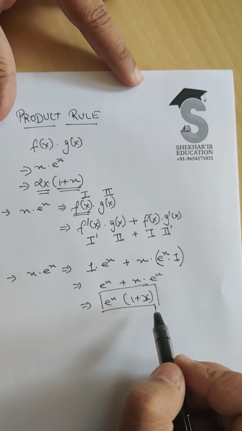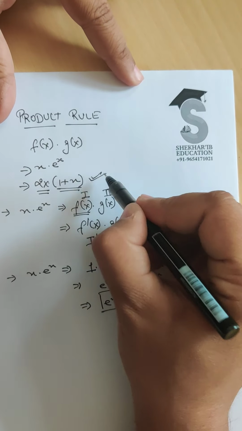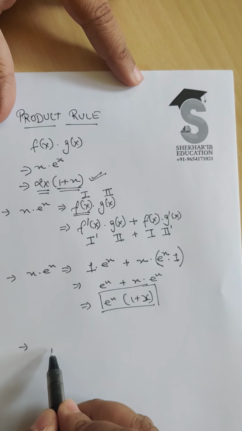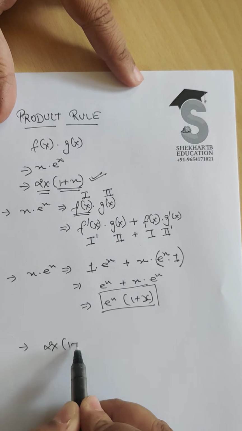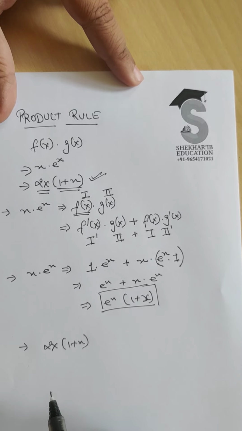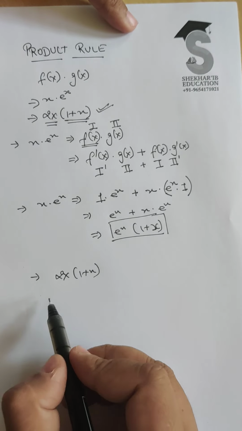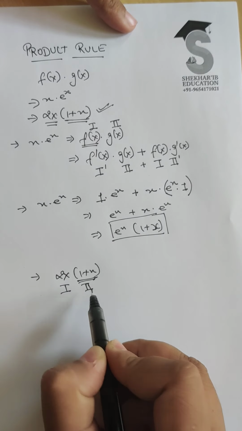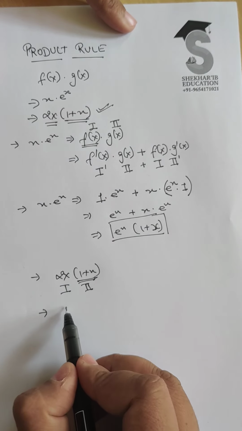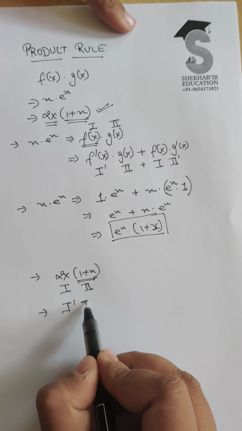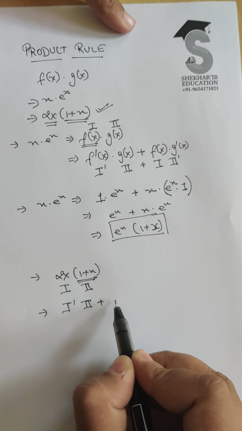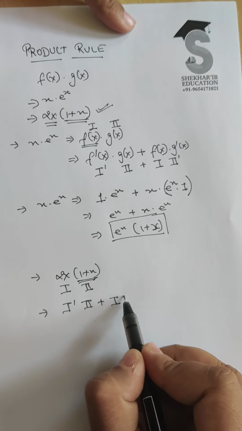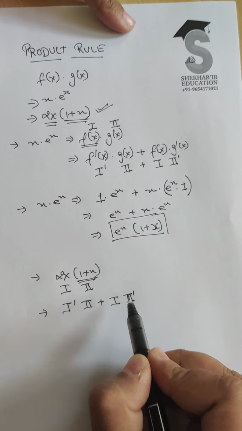Now another question, we will do 2x times (1 plus x). In this case, this is our first function and this is our second function. So we will apply the same thing, differentiation of first, keeping the second as it is, plus keeping the first and differentiating the second.